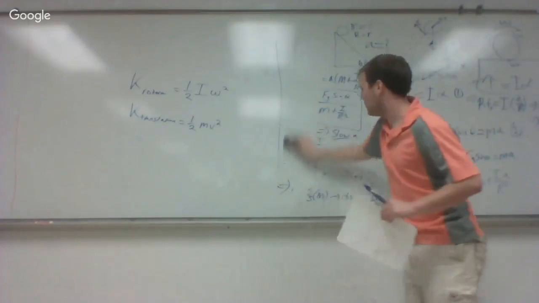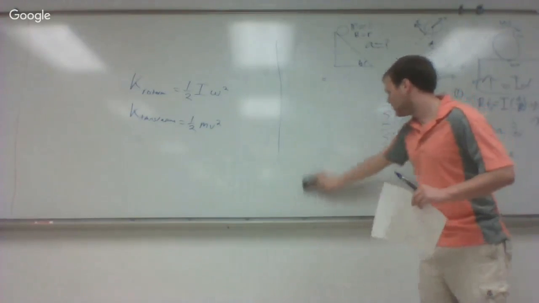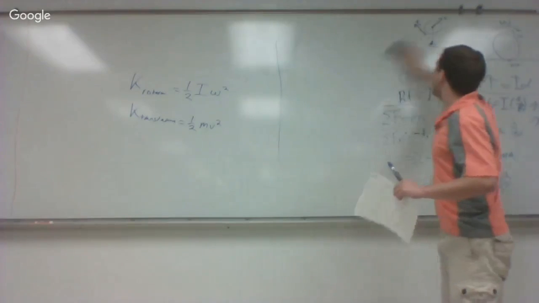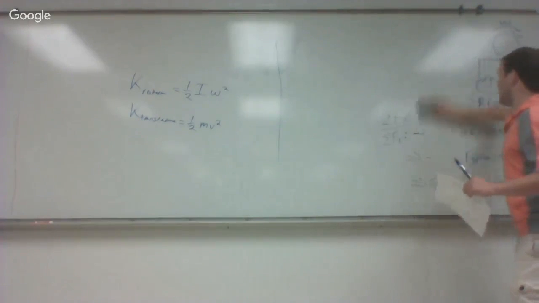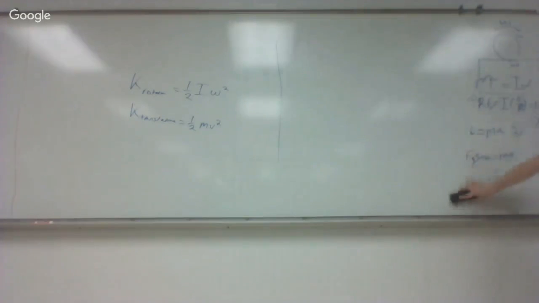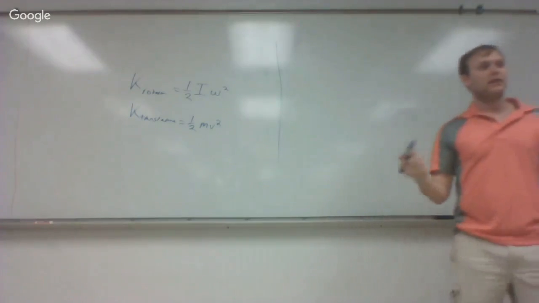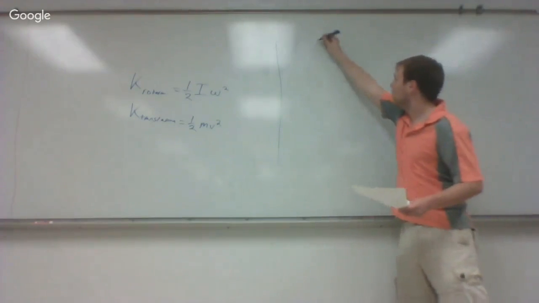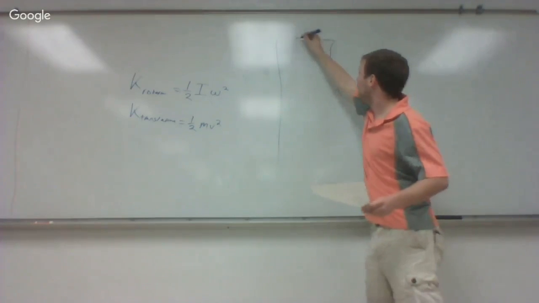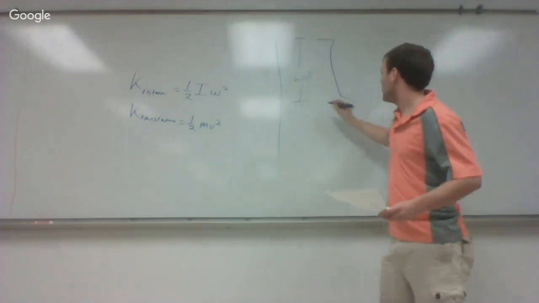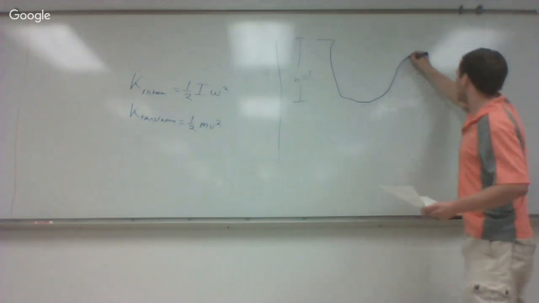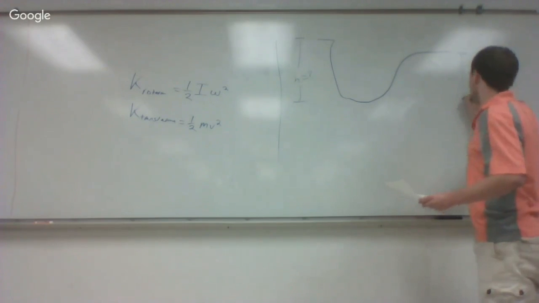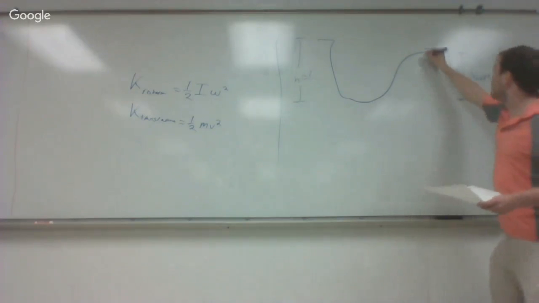Let's say we have a ramp, and the ball rolls up to the point where this height is maybe 10 meters. Right? The ball is going to come and stop.